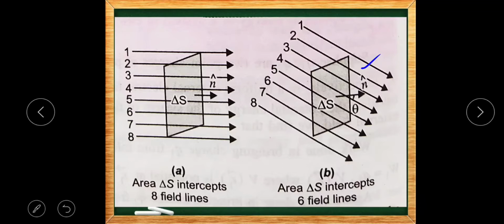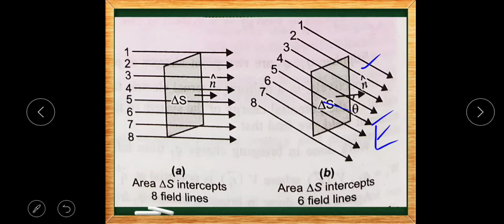So this angle is theta. It is the angle between the electric field line and the unit vector normal to the small area element delta S.